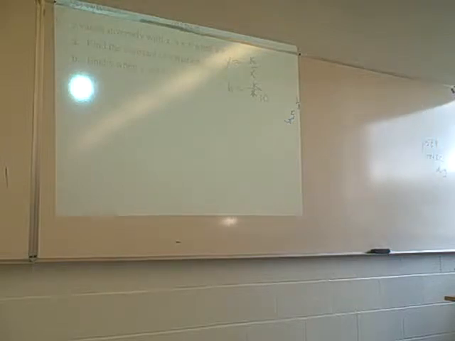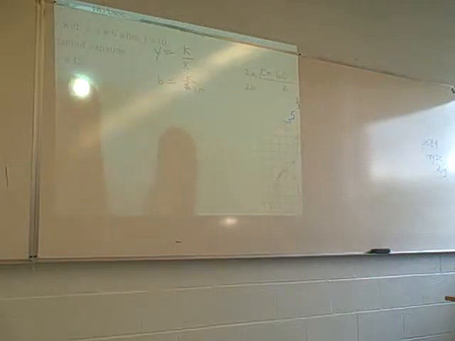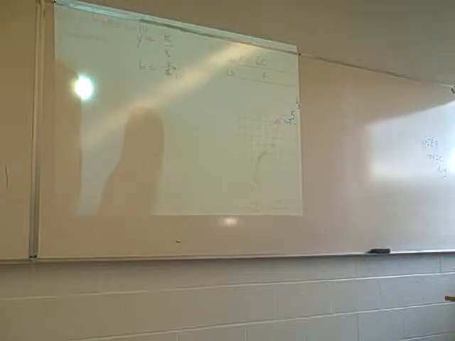So you had to find k in order to solve this. k is going to be 60, and I'm going to find y when x is 15. 60 divided by 15 would give me a 4. Okay, we good with that? Yes.